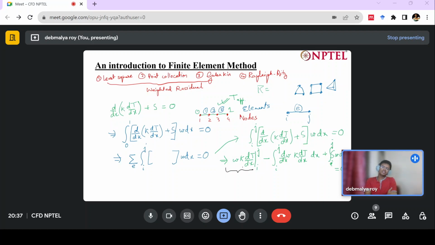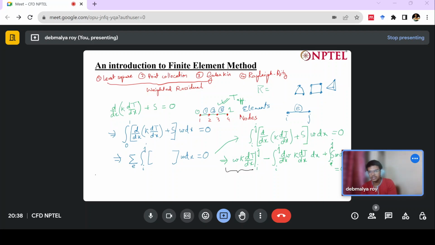In this case, we do not really have any essential boundary conditions because we are solving for a generic element. It can be the middle element, it can be the edges. We don't know right now, so we will use the natural boundary condition. We are not enforcing any essential conditions. If we use the natural conditions, this k dT/dx can also be written as the heat flux.